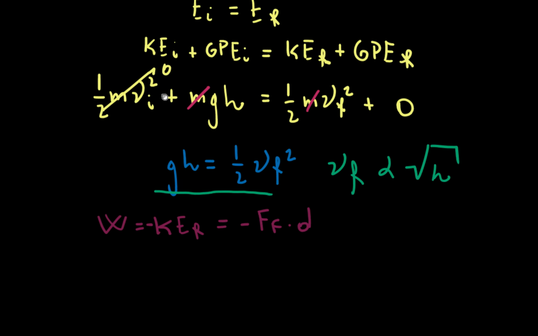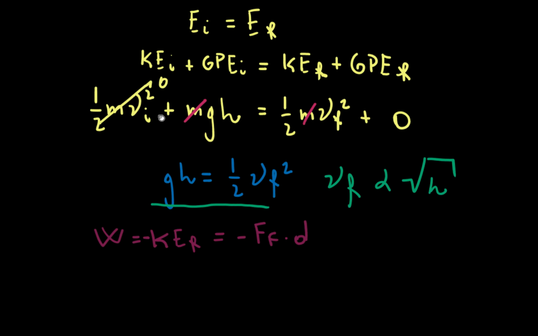But what we do know is that the kinetic energy, if you look at this equation here, kinetic energy here is 0. Gravitational potential energy final is also 0. You find that kinetic energy final is really just gravitational potential energy initial. So I can go ahead and just say, look, this has to be really the gravitational potential energy initial.